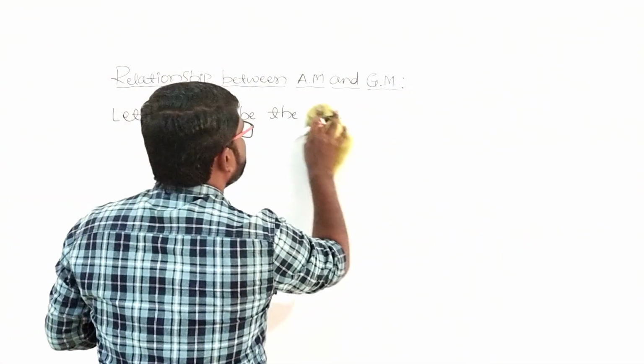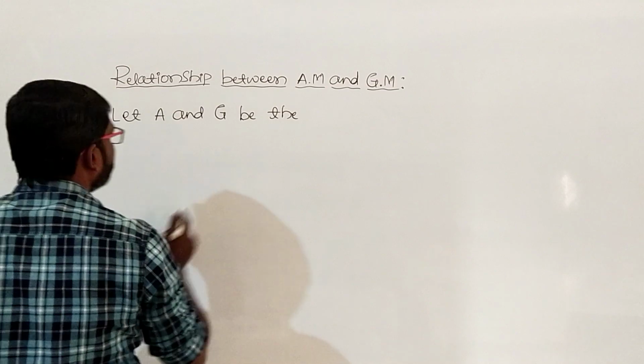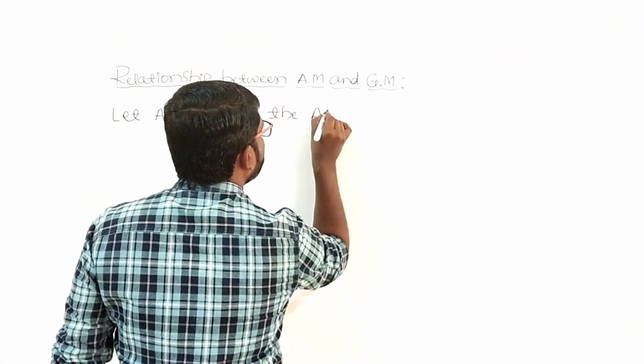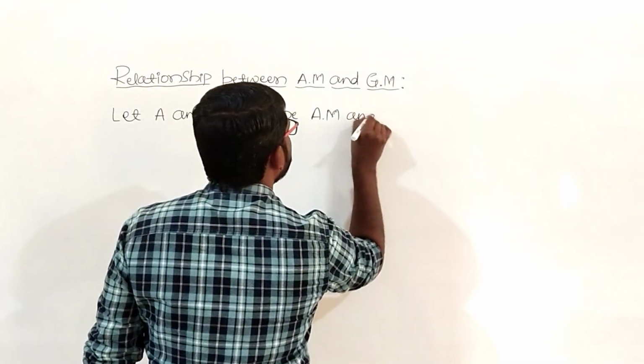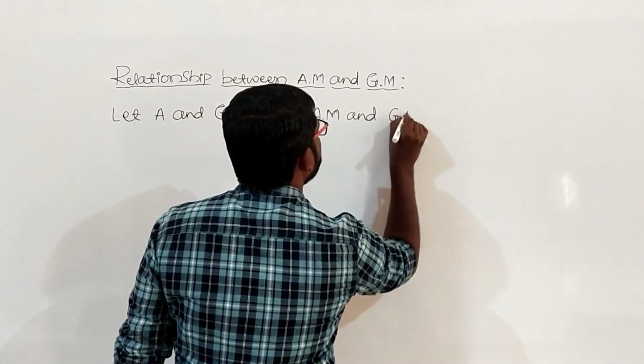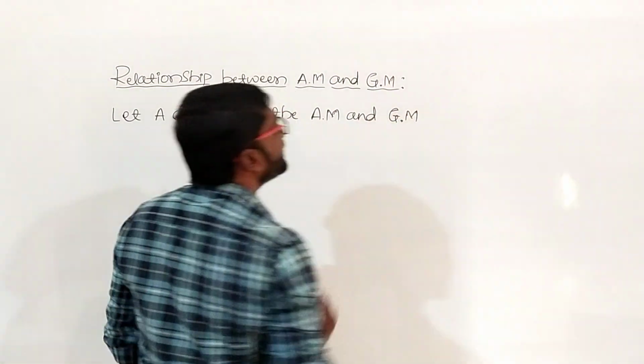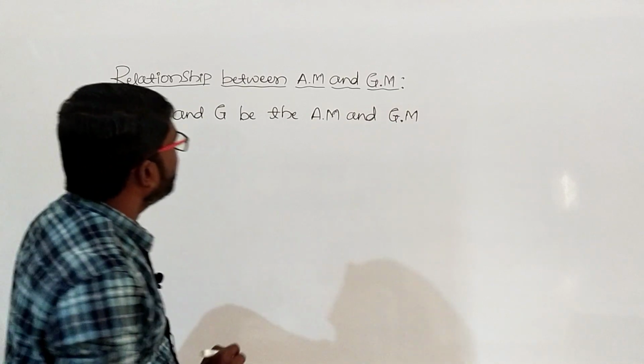Let A and G be the AM and GM of the two positive numbers a and b.